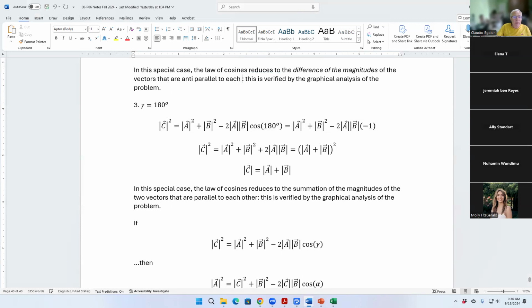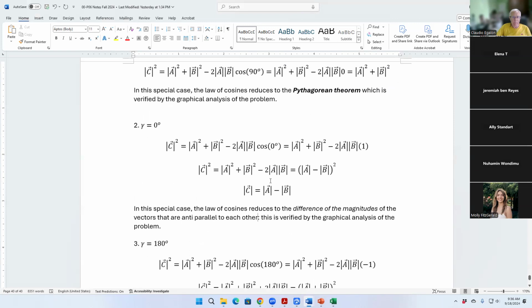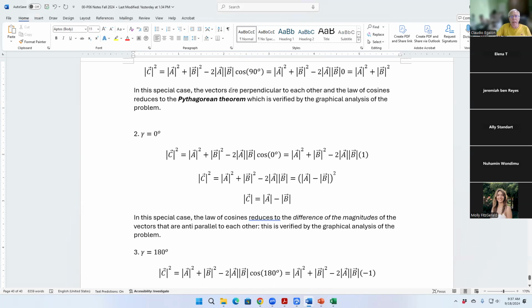And in this special case, the vectors are perpendicular to each other, and the law of cosines reduces to the Pythagorean theorem.